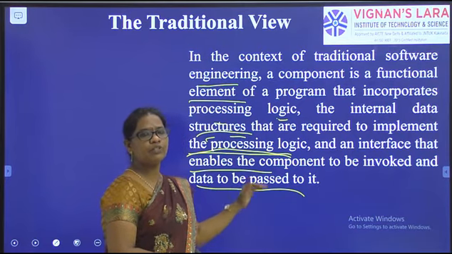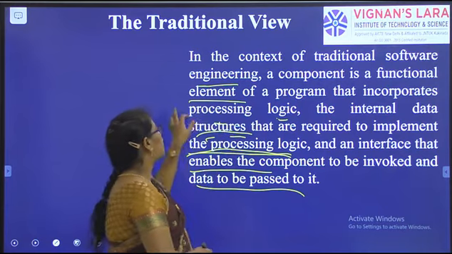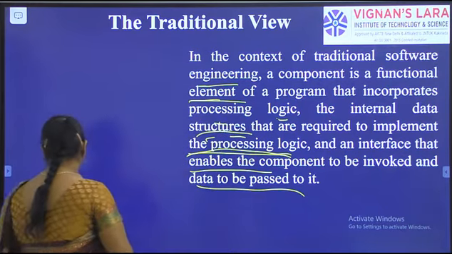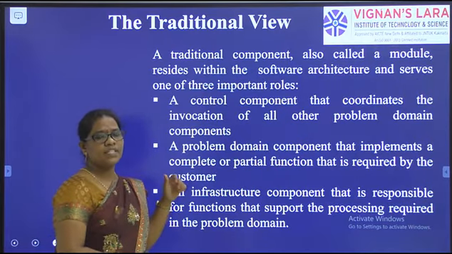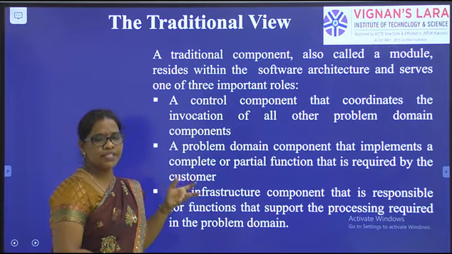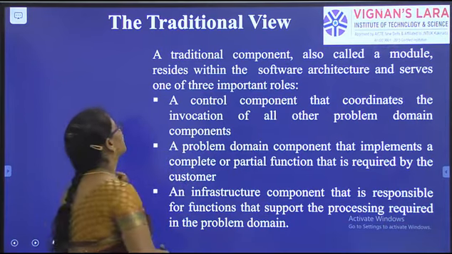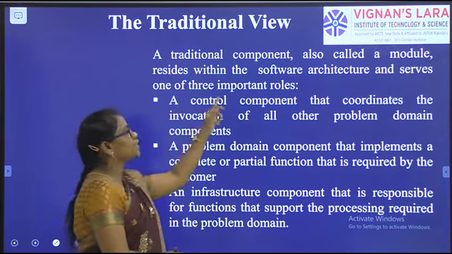So in the object-oriented view, a component is a set of collaborating classes, whereas in the traditional view it is defined as a functional element, which has its processing logic and internal data structures to implement it. In the traditional view, the component acts like a functional element and is called a module. We said modular building block; module means some unit that resides within the software architecture and serves one of three important roles.